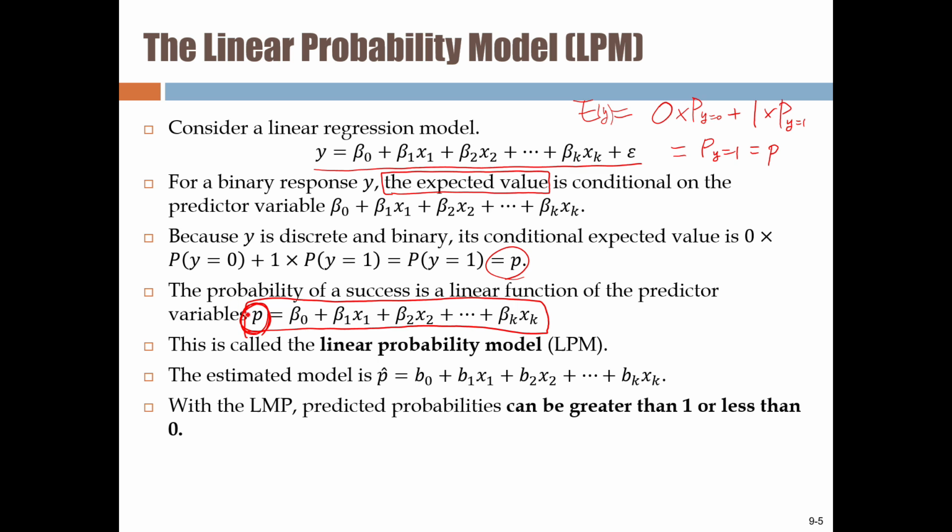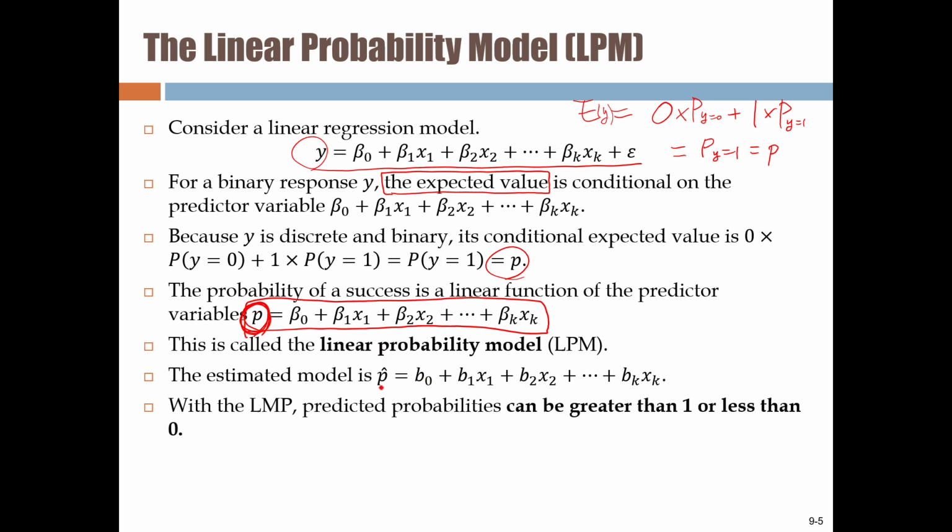Originally it was the expected value of y, but that expected value turned out to be the probability that y equals 1. We call this a linear probability model: linear regression, but our dependent variable is a probability. That's why we call it a linear probability model.